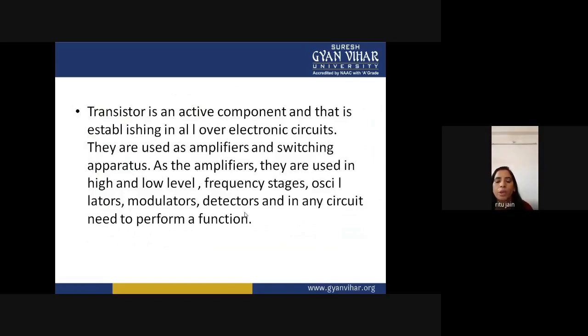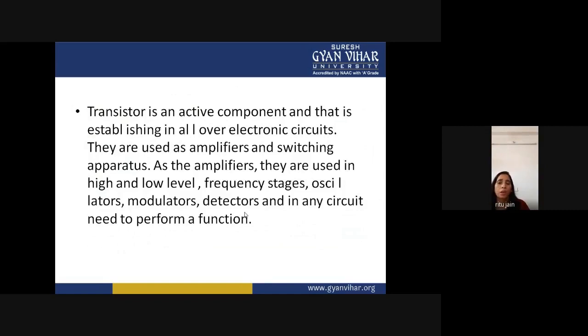The three layers may be PNP or NPN, but the three terminals are common: the base terminal, the emitter terminal, and the collector terminal.